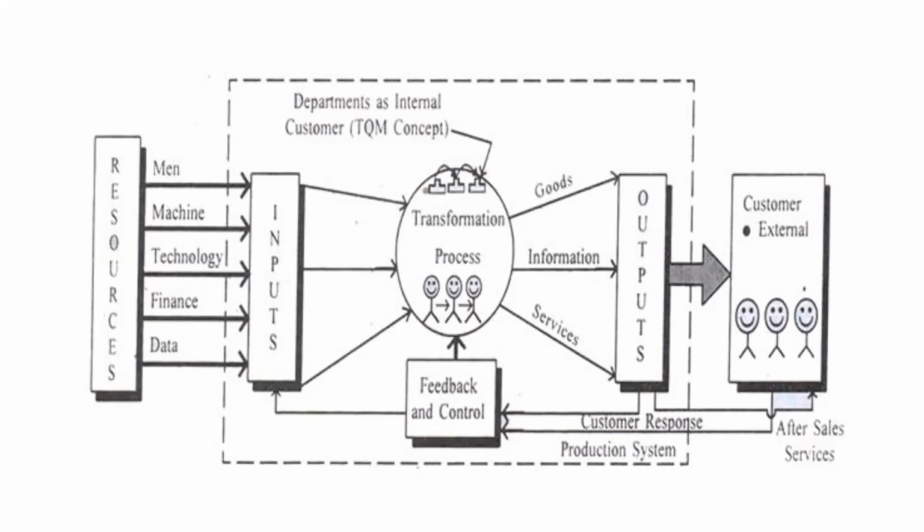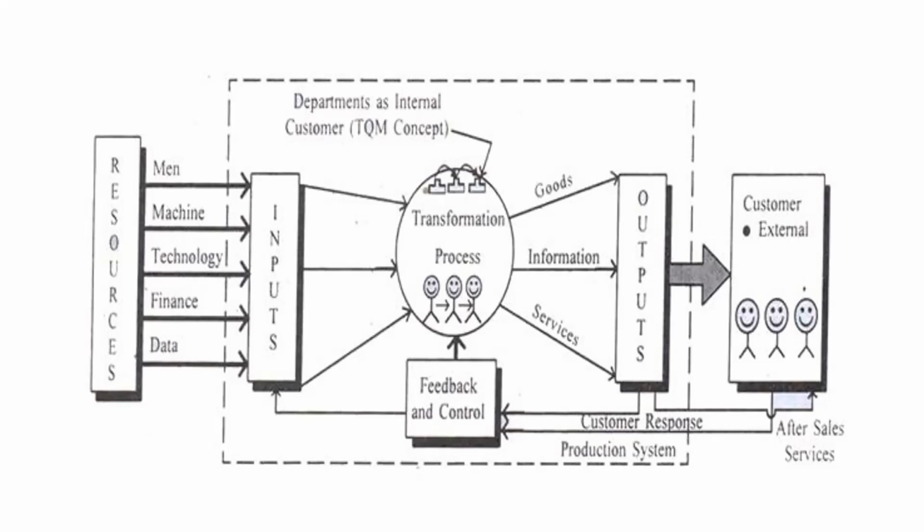And after they get the outputs, that means after-sales service, through the customer response, based on their feedback, the organization can check whether their product is at the standard level or not. All these things can be done.